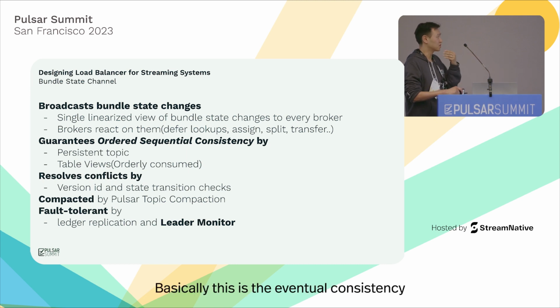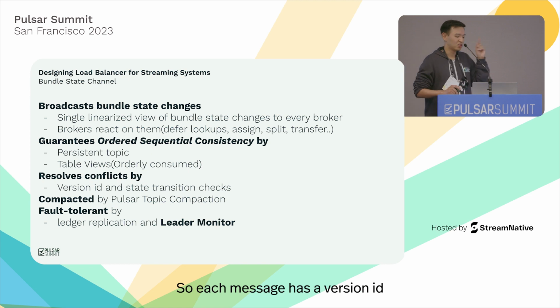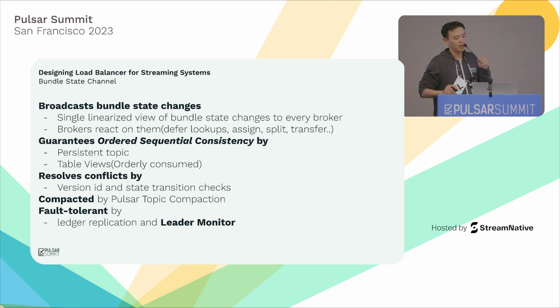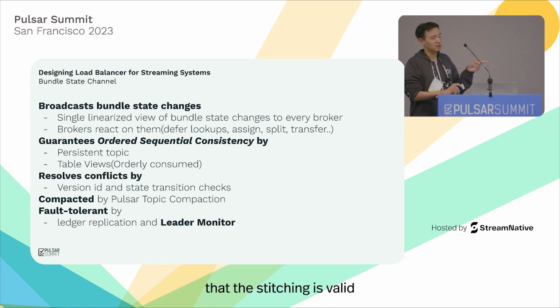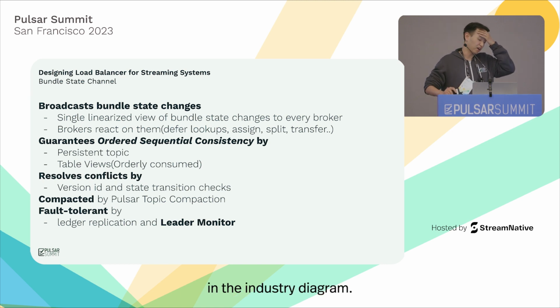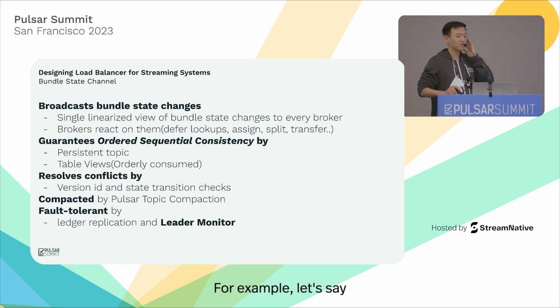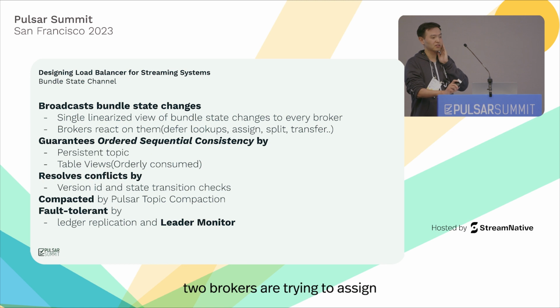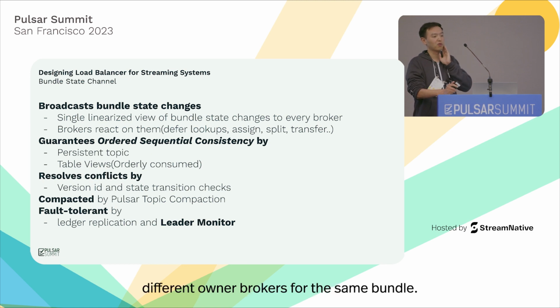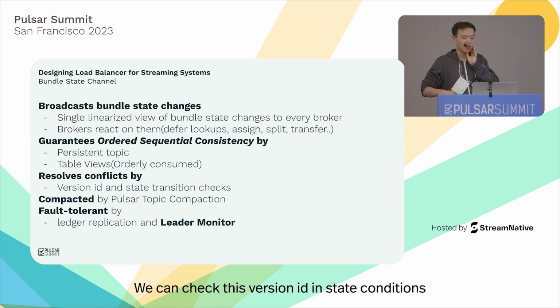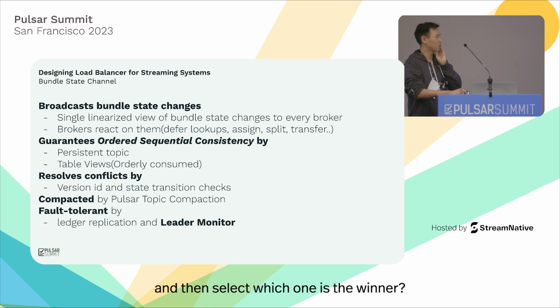Basically, this is eventual consistency with some order. Also, we can resolve the conflict by version ID and state transition checks. Each message has a version ID, and we can also verify the state change is valid in the state diagram. For example, let's say two brokers are trying to assign different owner brokers for the same bundle. We can check the version ID and state transitions, and then select which one is the winner.